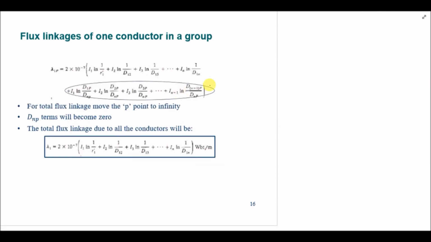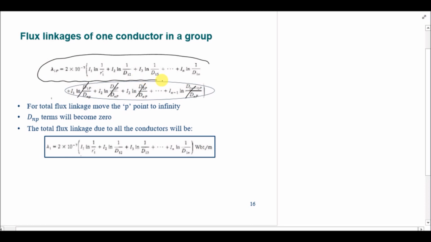This is the equation that is removed from the first flux linkage equation, right? We have moved the point p to infinity, and then dnp becomes a very large value, and all the natural logarithm terms with dnp become 0. So they are removed from the equation.